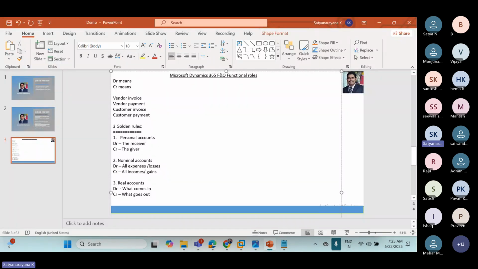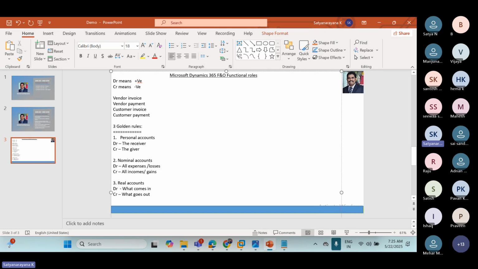Debit means positive, credit means negative. So now you are confusing me. That's your question. Some people think debit means negative, but debit means positive.